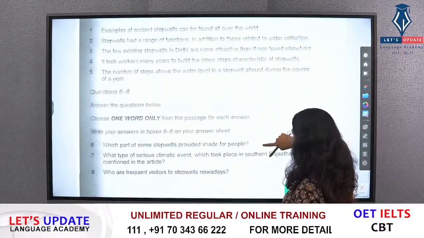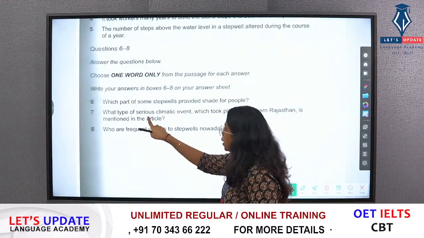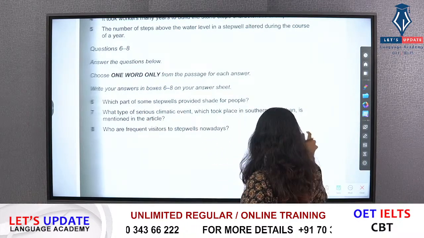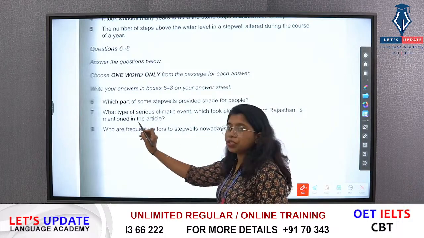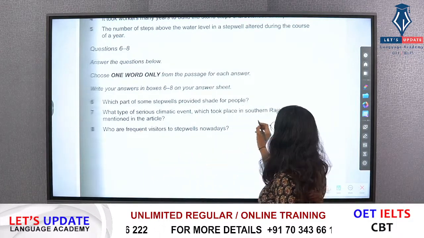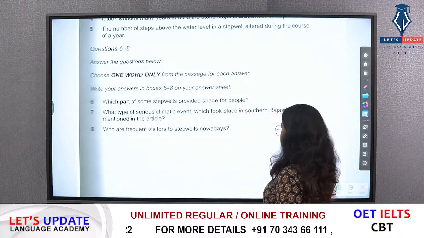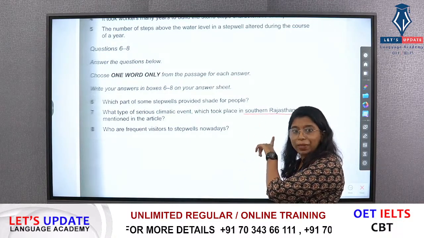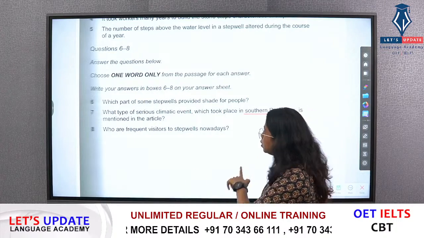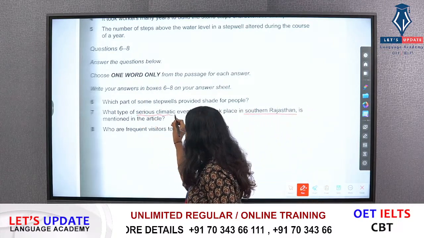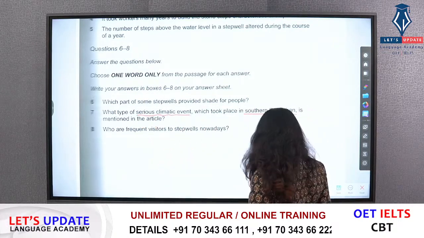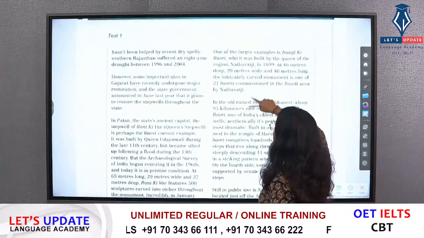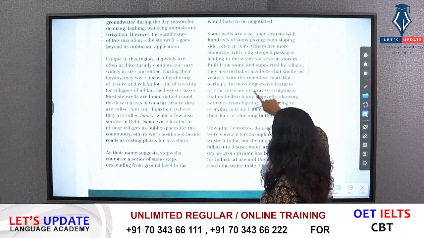Moving to the next question. What type of serious climatic event which took place in southern Rajasthan is mentioned in the article? Southern Rajasthan is the name of a place, so we can easily locate this information. We look for southern Rajasthan, then serious climatic event. We can just skim through the passage.